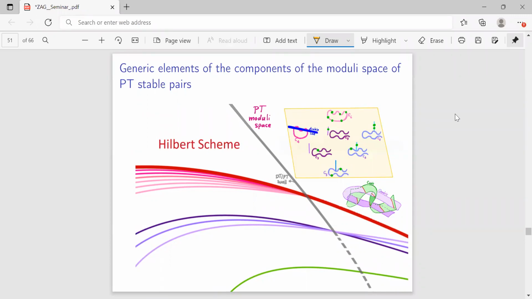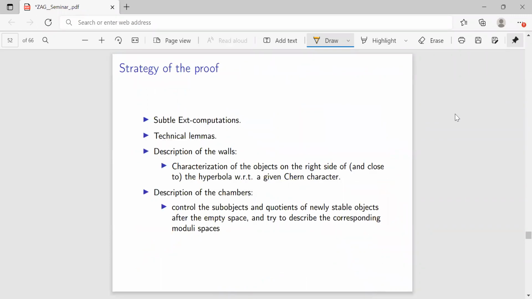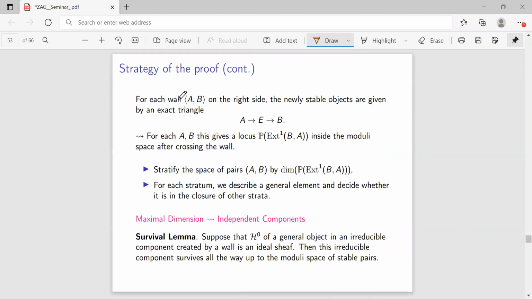Okay. Then the proof, basically, for each wall is given by this pair A and B. These are basically the Jordan-Hölder factors of the objects on the wall. So each newly stable object is given by such an exact triangle from A to E to B. And for each A and B, this gives this locus, the projectivization of Ext^1 of B and A, inside the moduli space which appears after crossing the wall.